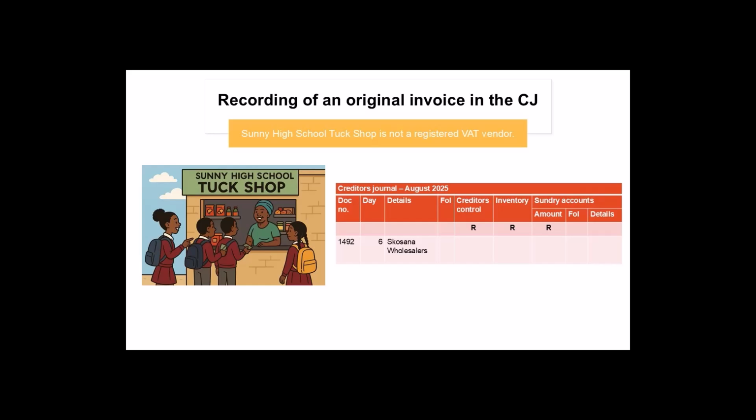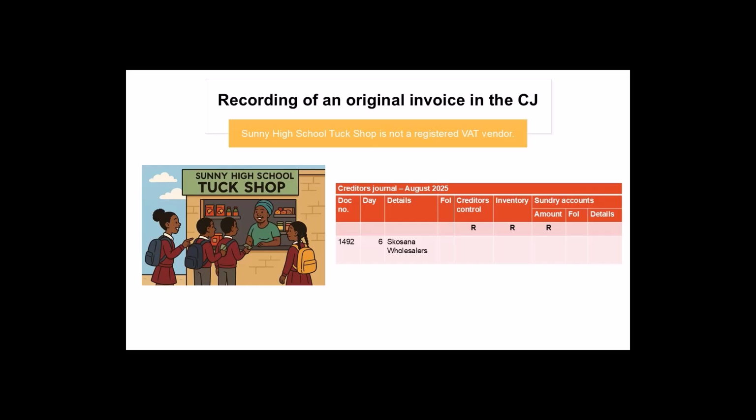Because Sunny High School Tuck Shop is not a registered VAT vendor. When you do a question, always be on the lookout for whether a business is a registered VAT vendor or not. If a business is not a registered VAT vendor, then you will always work with the VAT inclusive amount and you won't record VAT separately.